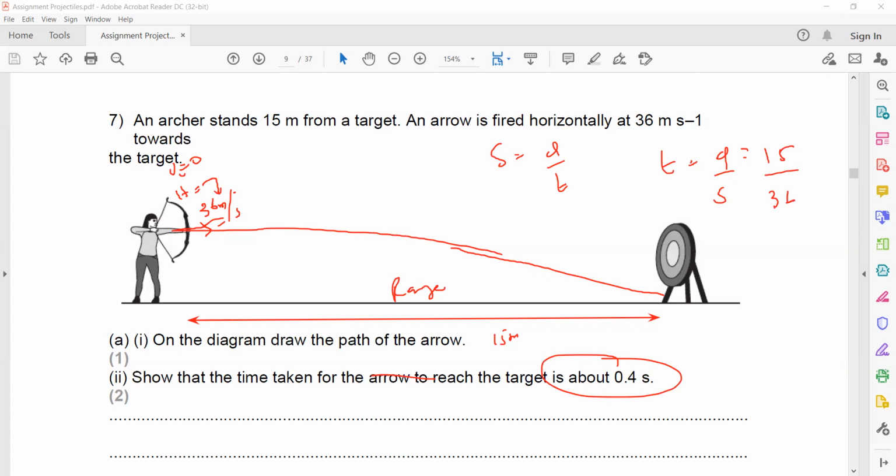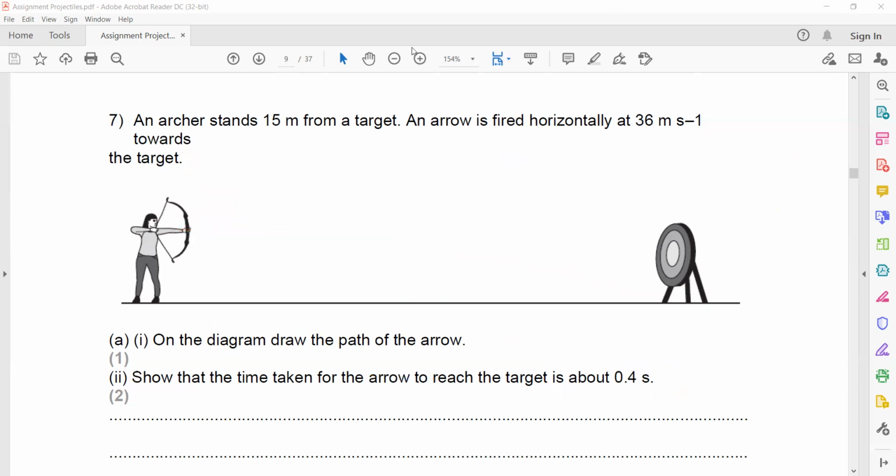So what is the answer when 15 is divided by 36? That's equal to 0.42 seconds. So that's about 0.4 seconds. So 0.416 seconds or 0.42 you can say.